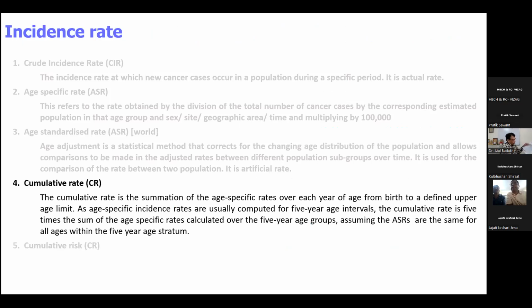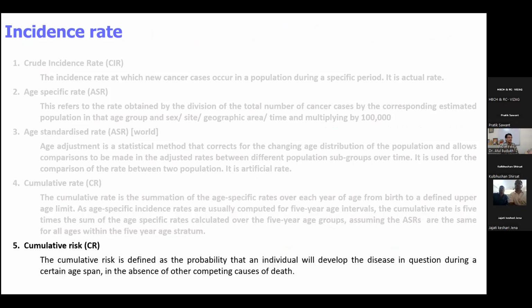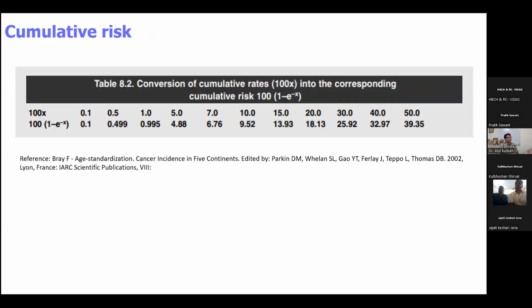Cumulative rate. It is quite complicated because it gives you the risk of getting cancer. It may be all sites or a particular cancer. For all sites, what is the risk? What is the risk of getting breast cancer? What is the risk of getting cervix cancer? These are statistical terms. It's very simple, nothing to worry.